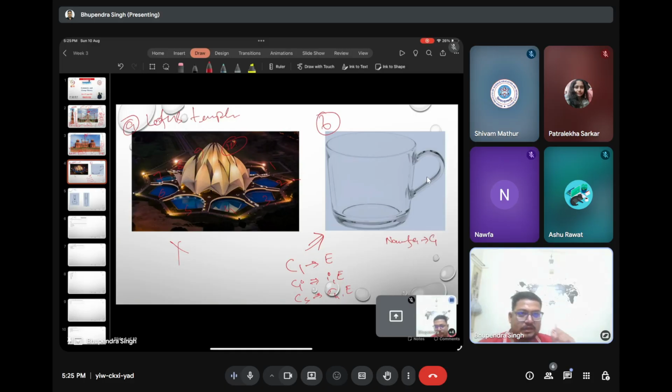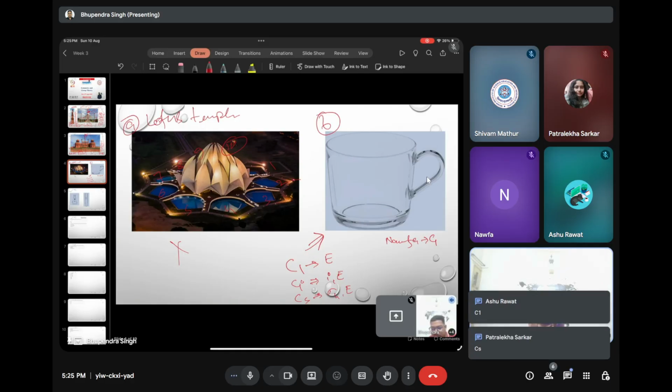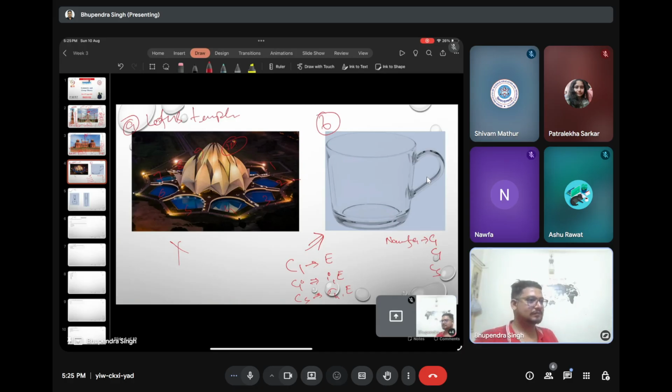Tell me, Asu and Patleka. Asu is also saying C1. Patleka is saying Cs. Okay. Actually, the correct answer is Cs. Why so? Because in Cs the sigma s is present, right?